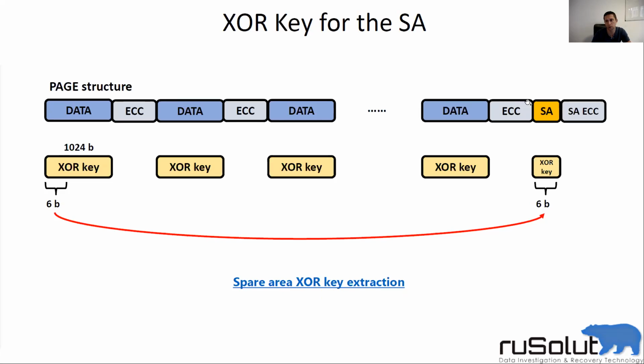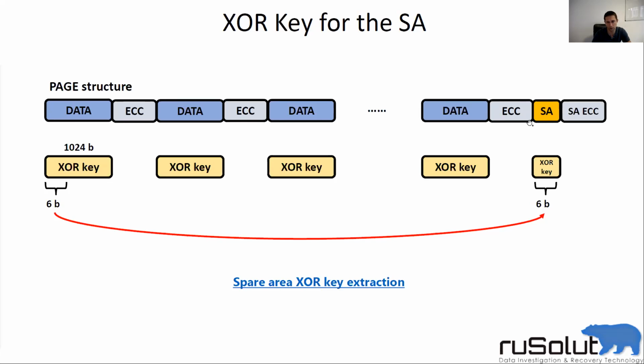So if we have a 6-byte service area, like in our example, the XOR key may be just the first 6 bytes out of the first portion of the key. So from here. If we take these 6 bytes and apply them to the service area, it should be fine. At this moment, I don't know this in advance.